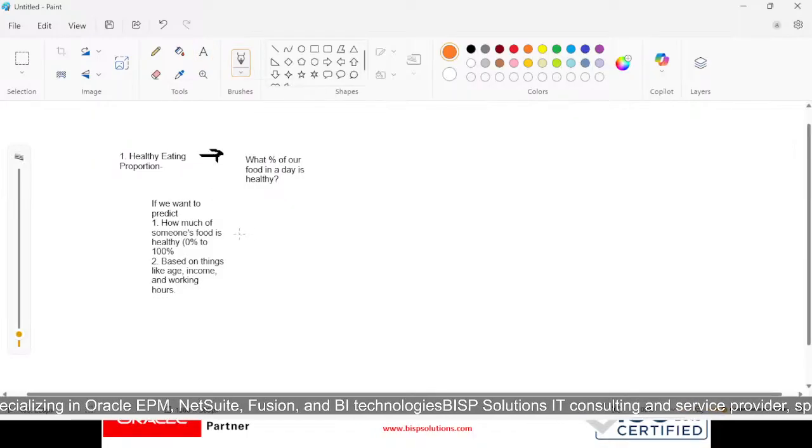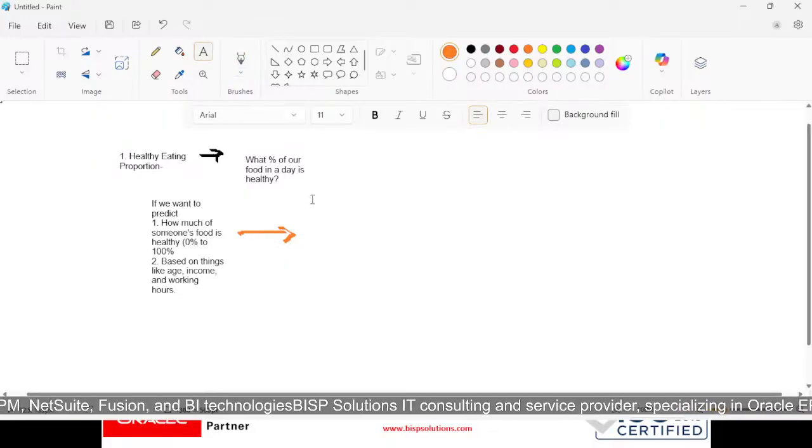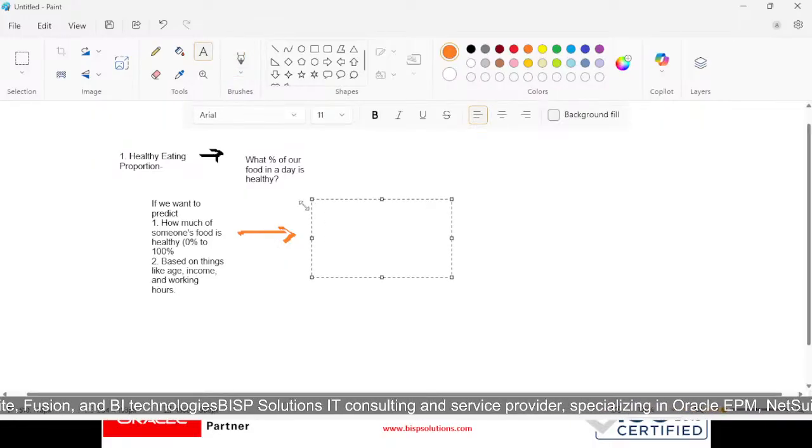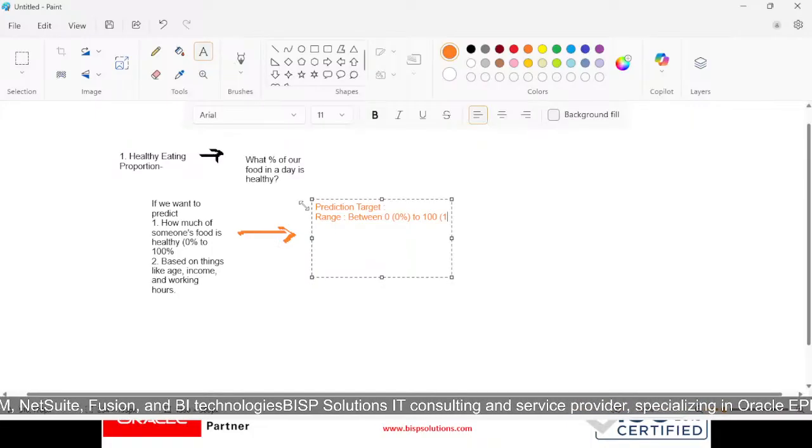Then we will be understanding it by the prediction target, which means the range is between 0, which is 0%, to 1, which is 100%. Right?